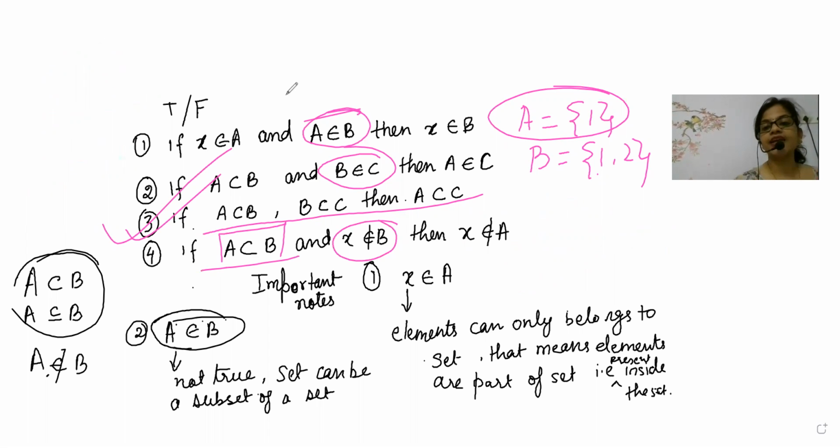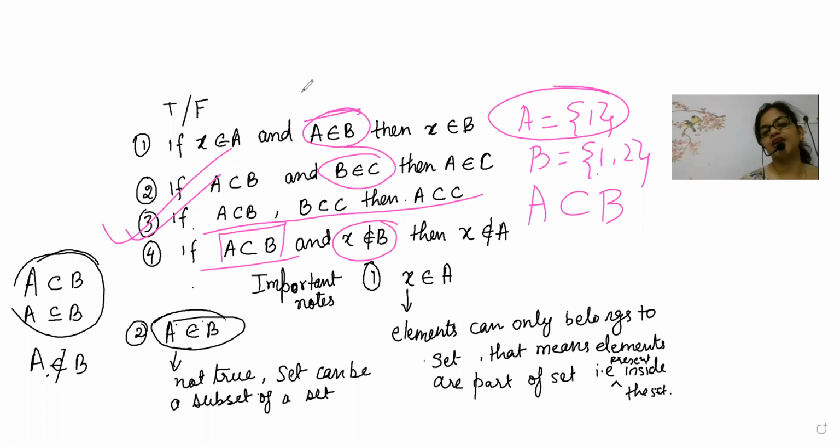This is exactly explaining this point, beta. A is containing an element and B is also containing elements. But when A is a proper subset of B, whatever element of A is there, it is 100% present in B. But whatever element B is having, it is not present in A.